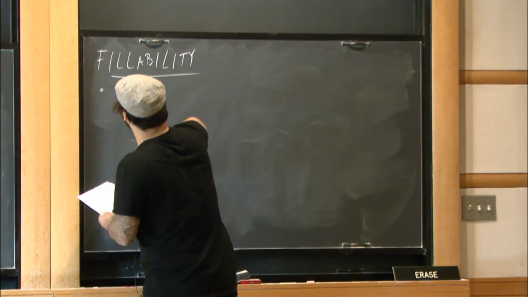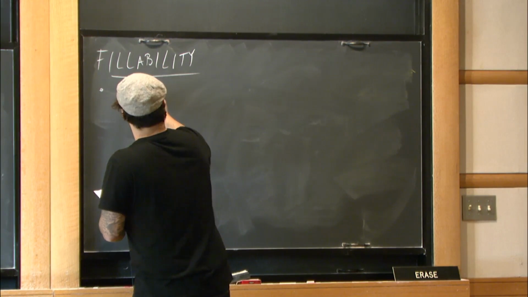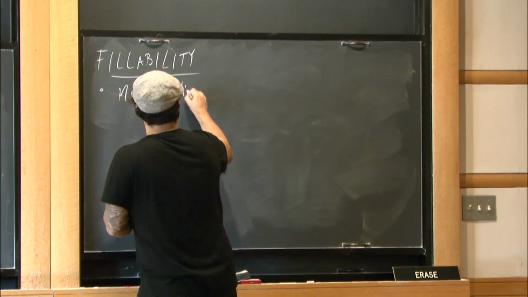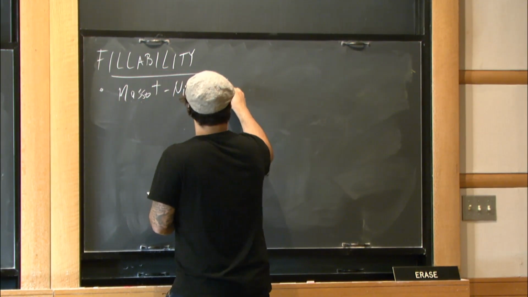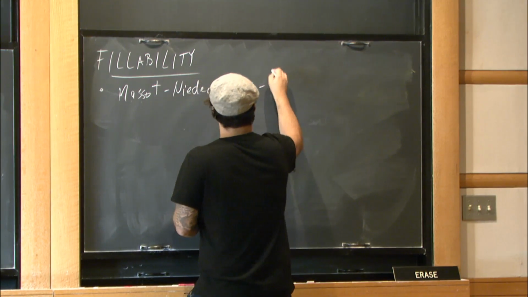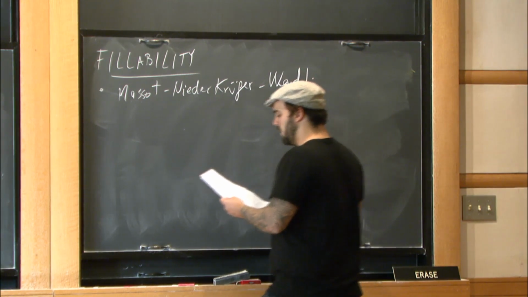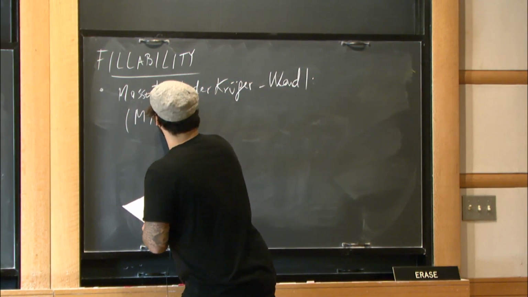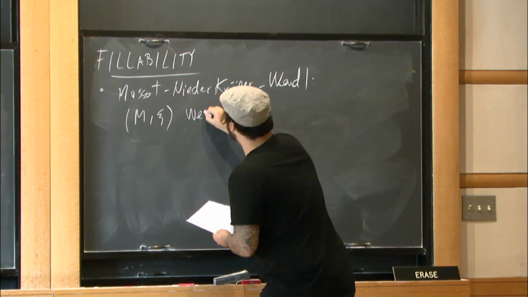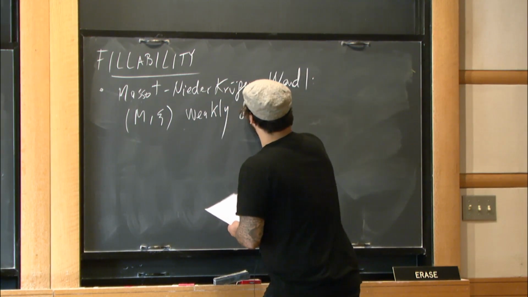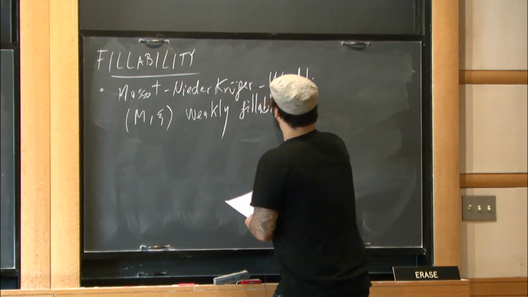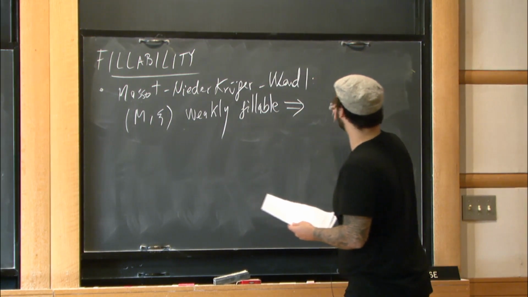So let me again mention some results. We have the following result due to Massot, Niederkrüger, and Wendl, which says that basically if you start with a weakly fillable manifold, then the Bourgeois manifold is also weakly fillable.